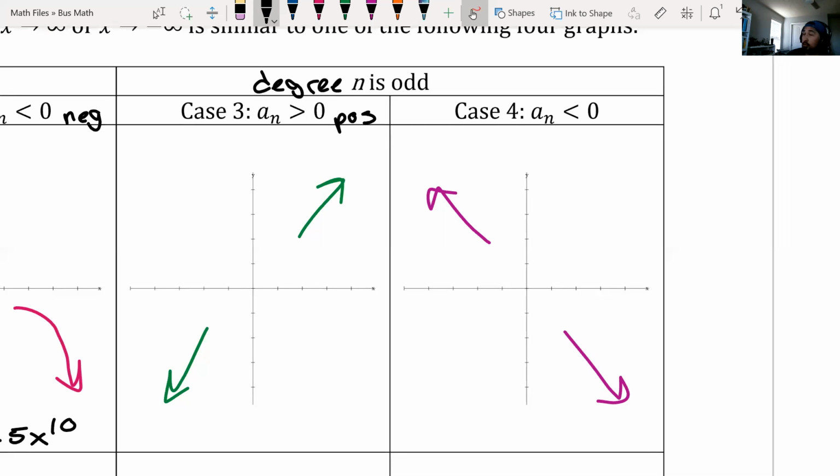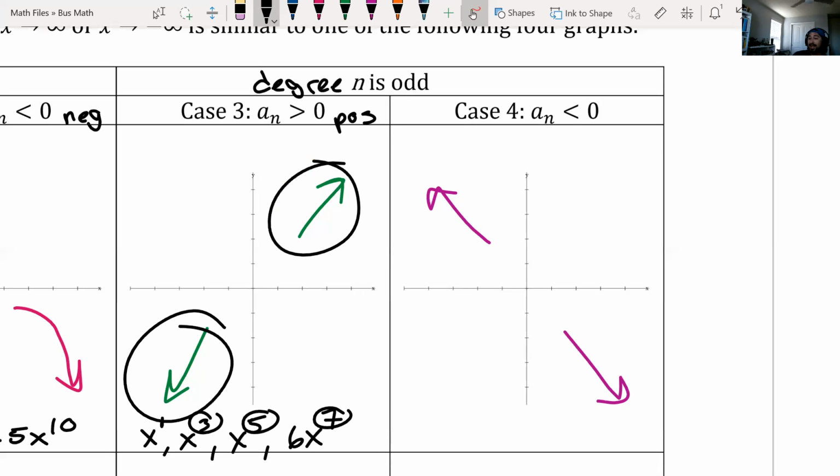What an odd degree positive leading coefficient function looks like is x cubed, x to the 5th, any odd power, and I can even say 6x to the 7th, as long as your leading coefficient is positive and your degree is odd, here that's x to the 1st, then your tails will open up and to the right and down and to the left.